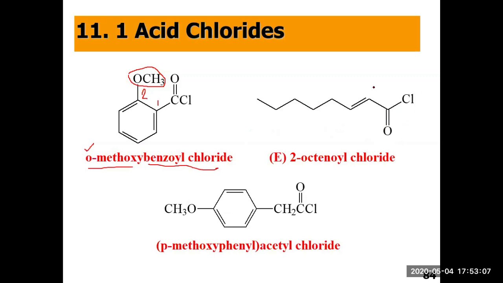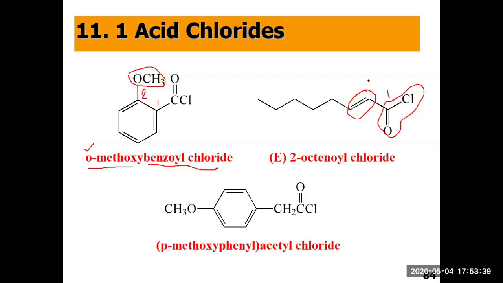Okay, let's focus our attention now on the second example. We have here a straight chain molecule, and we notice that we have your acid chloride group, and we have here your double bond. Between the acid chloride and the double bond, the priority goes to the acid chloride group. So we start numbering at the carbonyl carbon as carbon number 1, and then the numbering goes from this carbon to the left side.